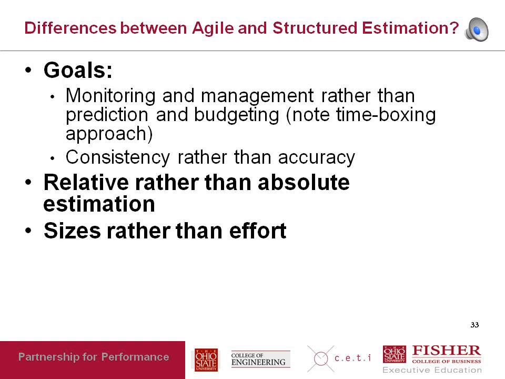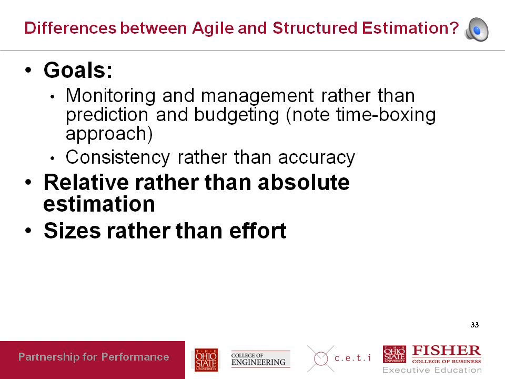And the estimation is done in these sizes, in these arbitrary units, rather than in something like person hours or effort or anything like that. Oh, and one more thing. In most cases, these sizes are not developer efforts, but the sizes are really proxies for business value.